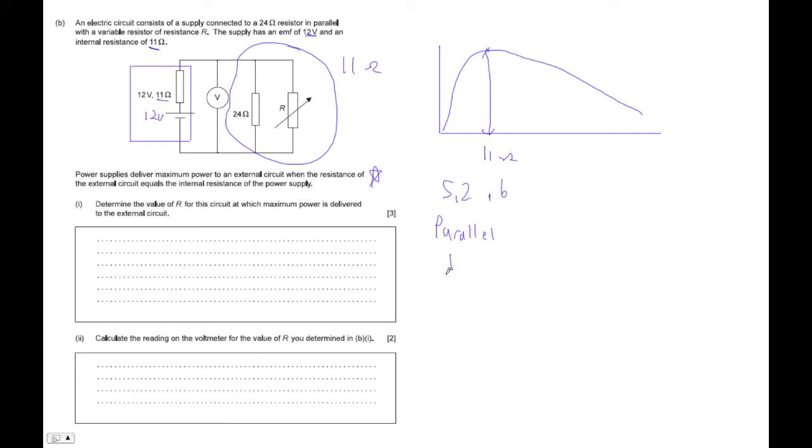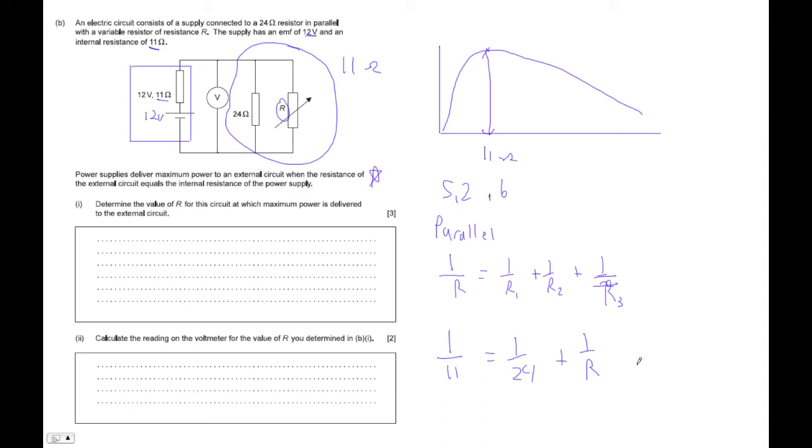There it is: 1 over R is equal to 1 over R1 plus 1 over R2 plus 1 over R3. So if we apply this, the total resistance has to be 11, so 1 over 11 equals 1 over 24 plus 1 over R, and that's this R here.